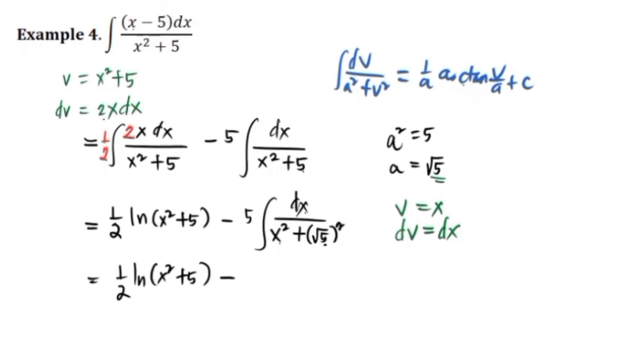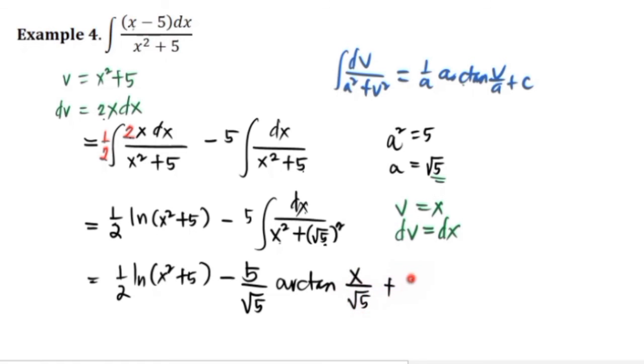So that's 1 over a, so your a is square root of 5, so that's 5 over square root of 5 arctangent of v, so your v is x, and your a is square root of 5, plus c. This is our answer.